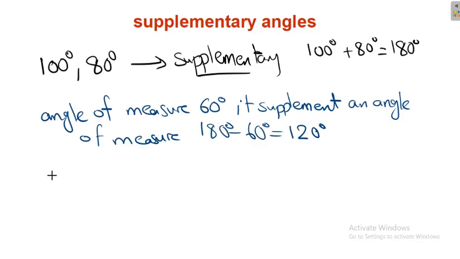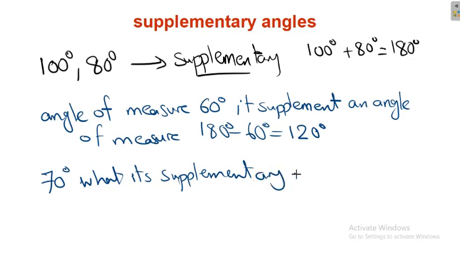If you have an angle of measure 70 degrees, what is its supplementary angle? The supplementary angle is 110 degrees. Why? 180 minus 70, and that's it.